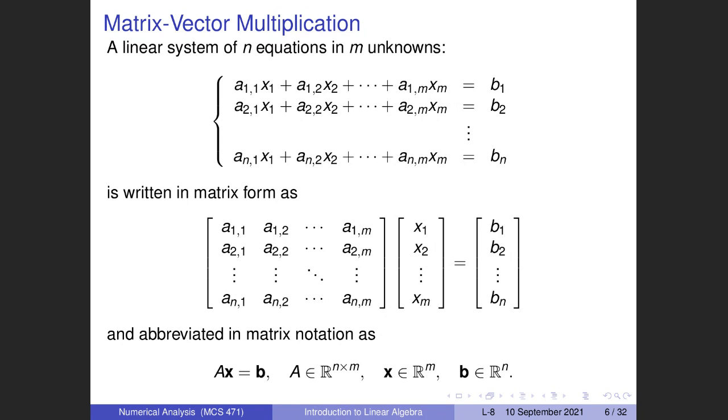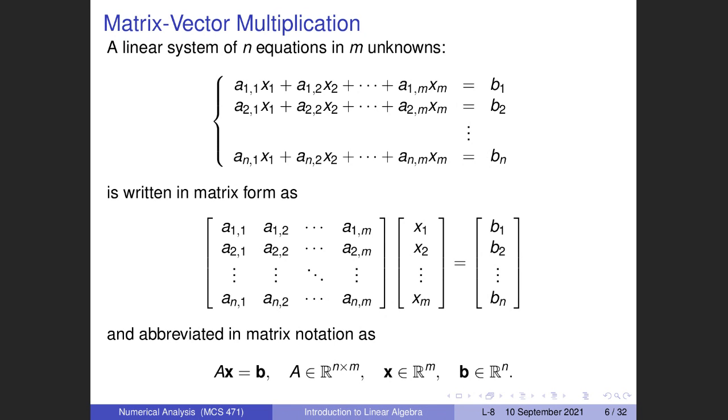Notice this is again an illustration of a specific case of matrix-matrix multiplication, where the second matrix is a vector. So the number of columns of the first matrix A equals the number of rows in our vector. It's another check.